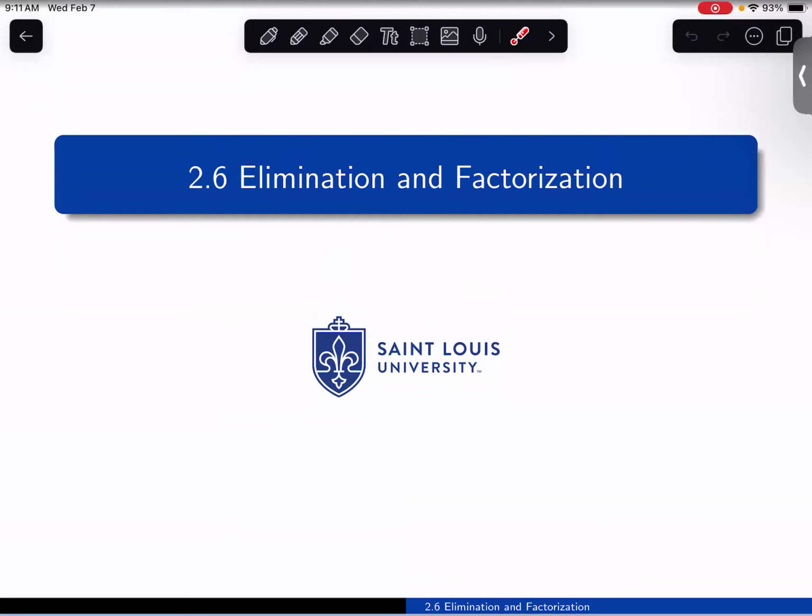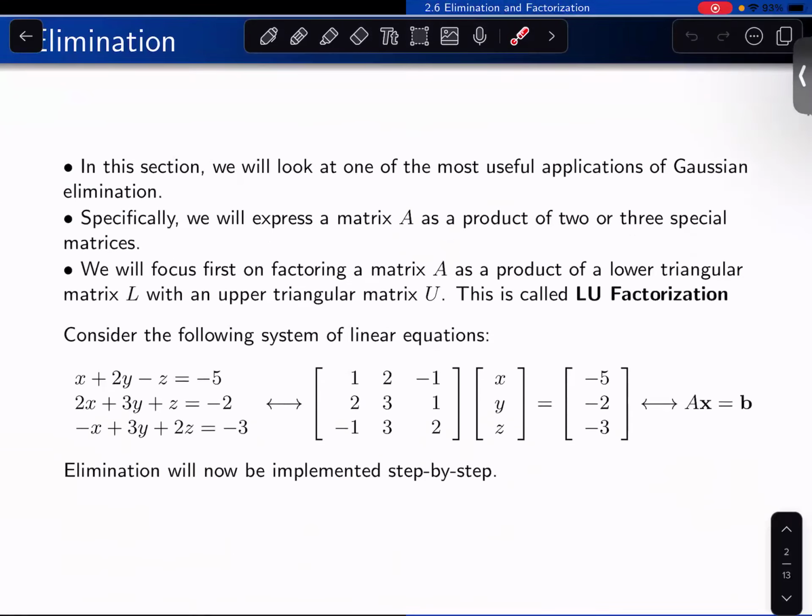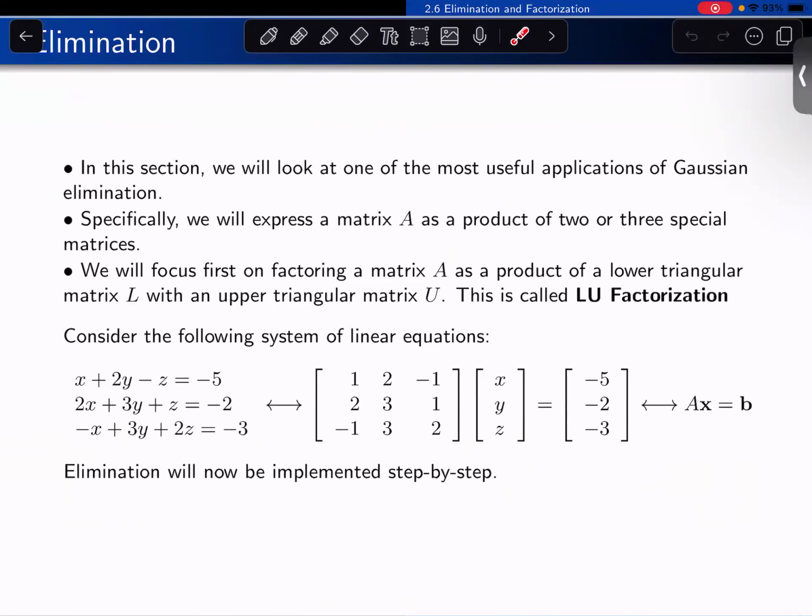So really, this elimination and factorization section is going to allow us to take a matrix A and decompose it as a product of a lower triangular matrix and an upper triangular matrix. It sounds somewhat complicated in that wording, but really we're doing the exact same thing we've been doing for the last week.